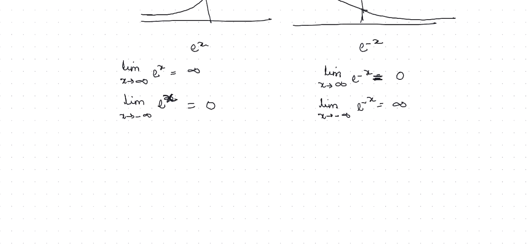Another concept is, if the exponent of an exponential goes to infinity in the limit, then the exponential function would also go to infinity. And if the exponent goes to negative infinity, then the exponential will go to 0 in the limit.